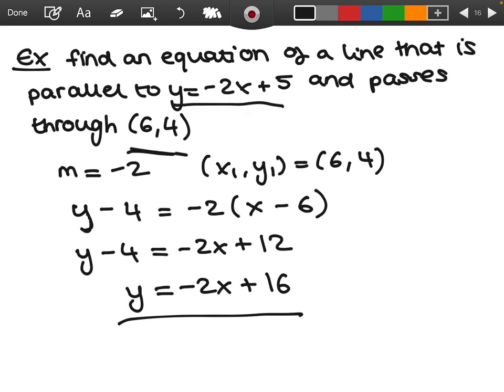So this line is parallel to my original line and it passes through this point. Again, any line that has slope of negative 2 would be parallel to your original line. But this particular line passes through (6, 4) as well as having slope of negative 2.